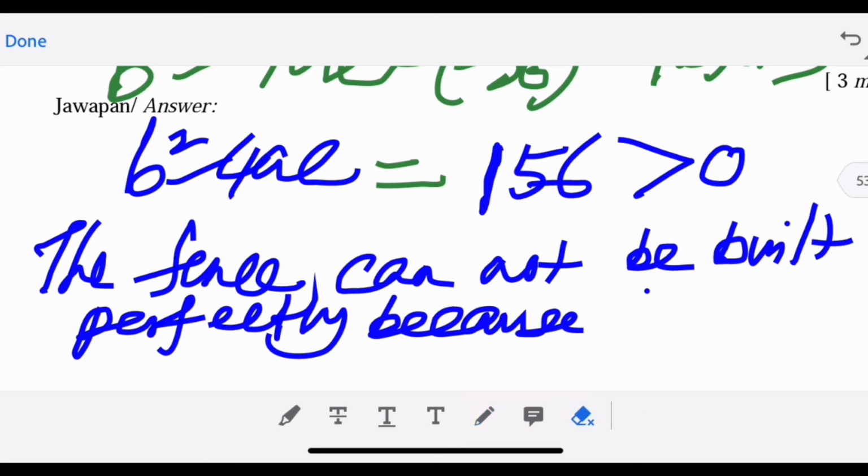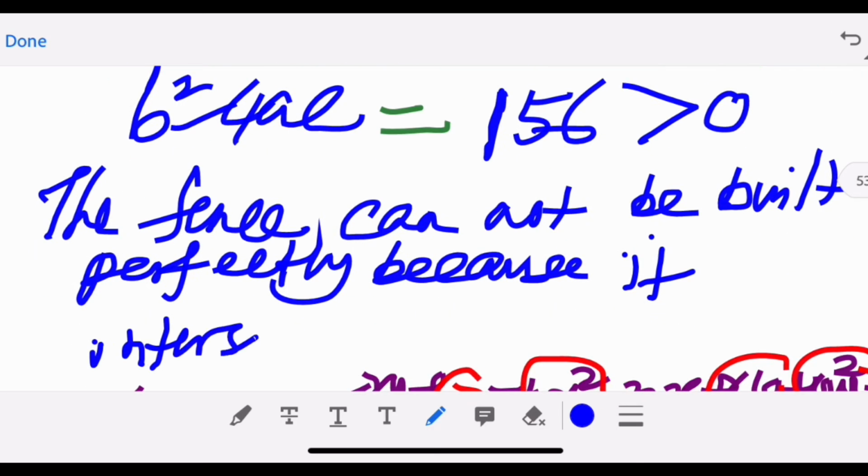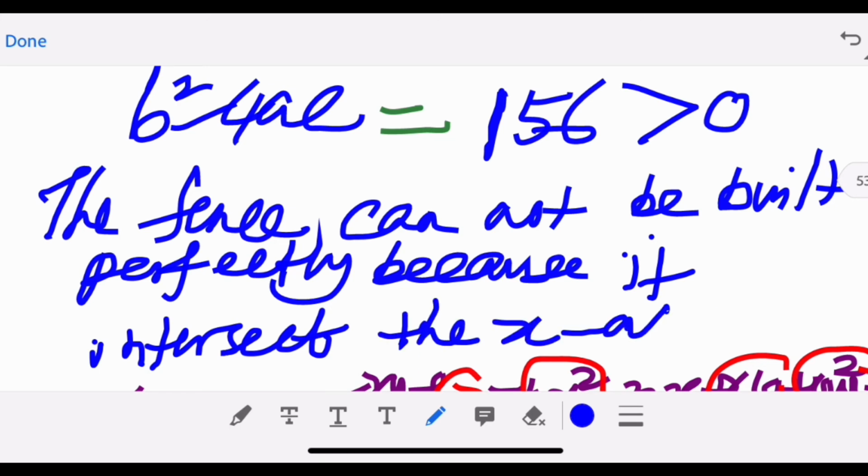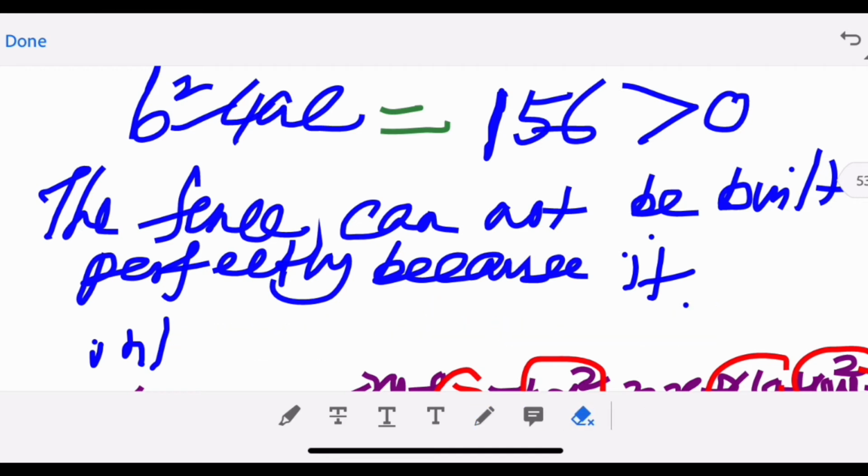Sorry, this is not the right term. Touches is only for one point. It intersects the x-axis at 2 points.